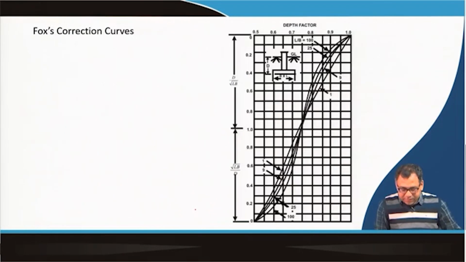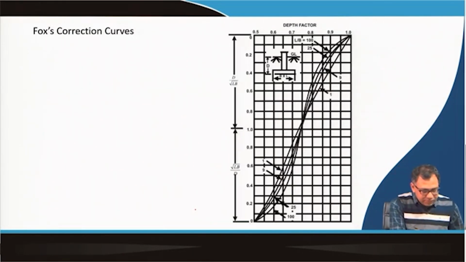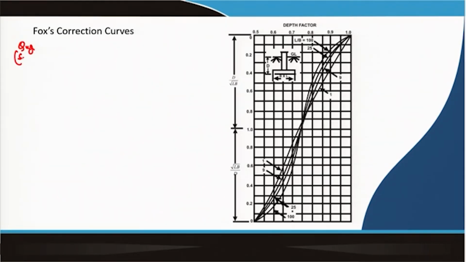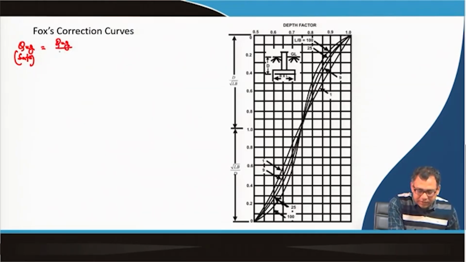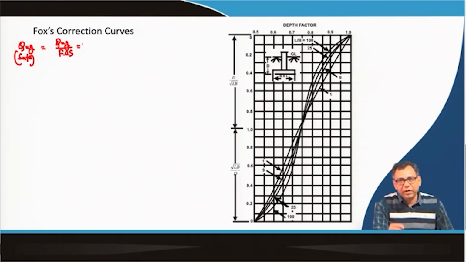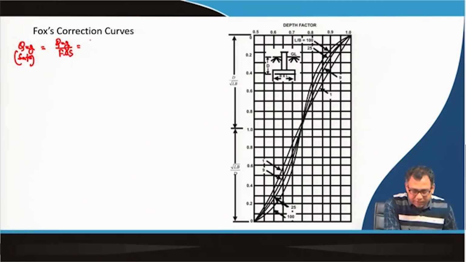So, what is the factor of safety? Let us determine that. The safe load will be Q_UG divided by the factor of safety, and we are taking the factor of safety as 2.5 to 3. Here we are taking 2.5.